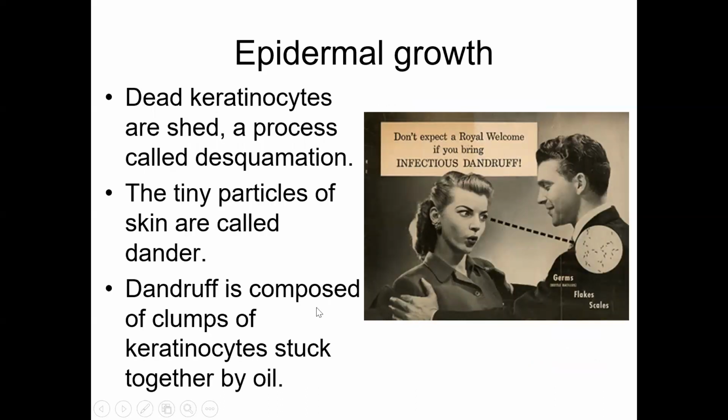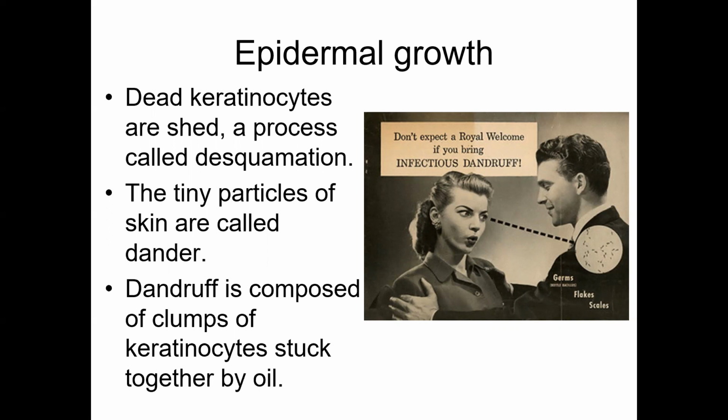Now, those dead keratinocytes are constantly falling off. That's called desquamation. If you make that happen physically, it's called exfoliation. So like the $20 soap you buy, or your wife buys, that has sand in it to exfoliate, is stripping away that outer layer of dead cells.